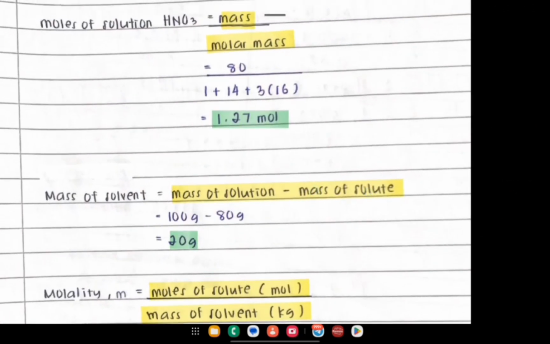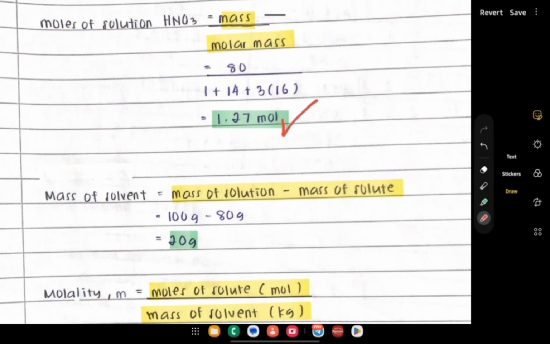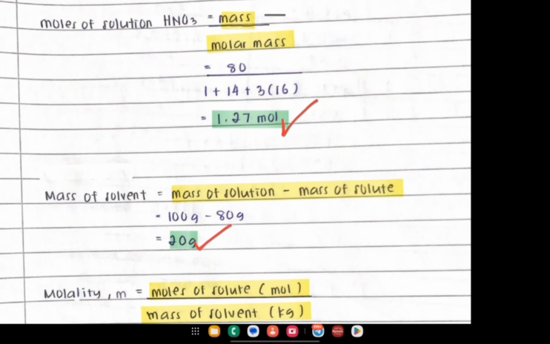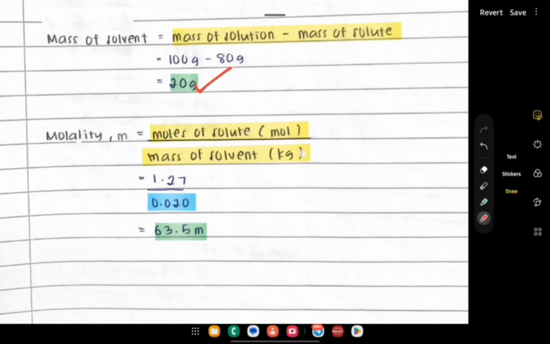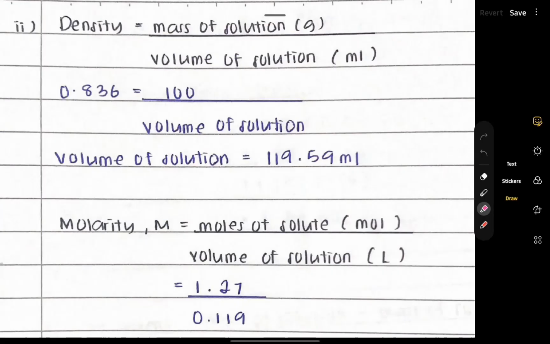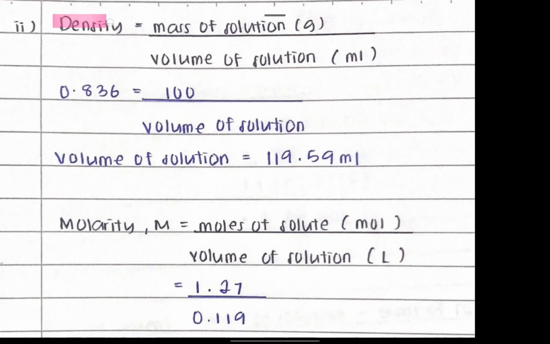The marks allocation for this question is 1 mark for moles of citric acid with the correct unit, 1 mark for mass of solvent, 1 mark for molality formula, and lastly 1 mark for the final answer with unit. For C2, we need to calculate the molarity. Since we don't know the volume of solution, we need to find it by using the density given.